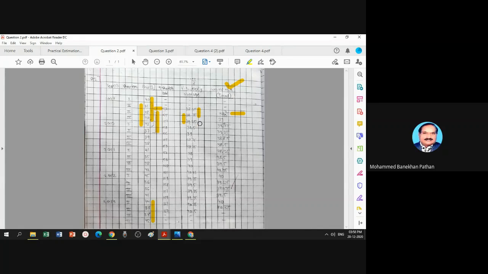The process continues till the last group is this. The total of this average will be here. That means this is the answer for quarter number 2 in 2013.